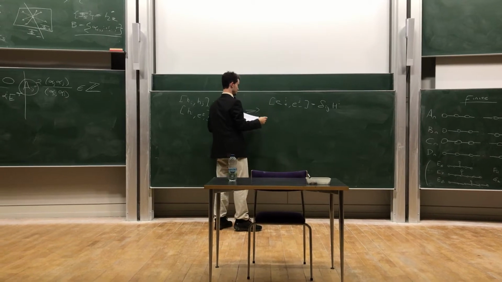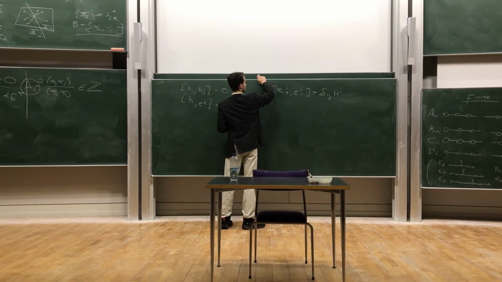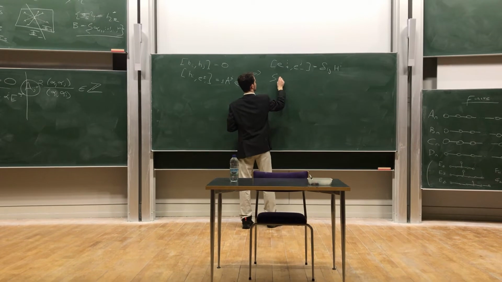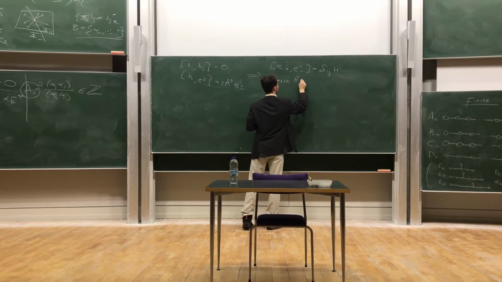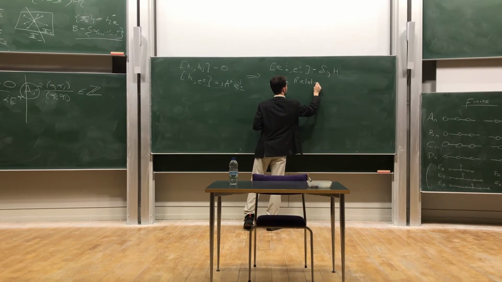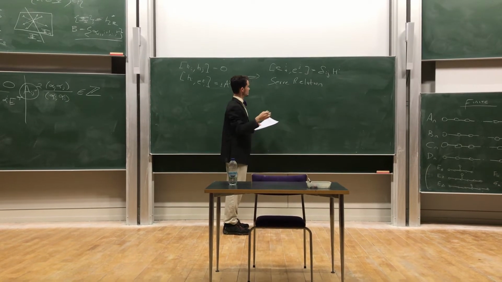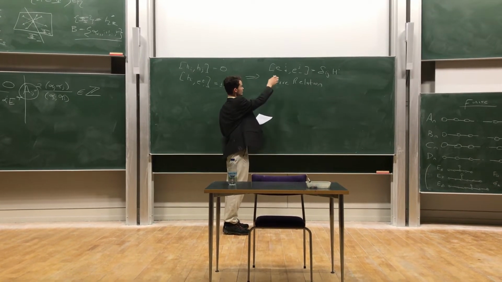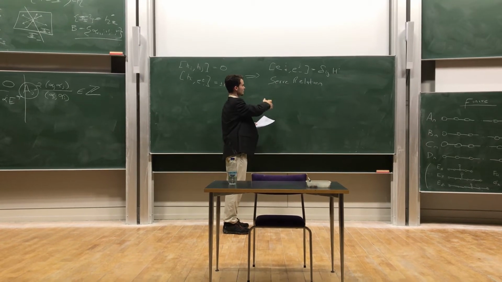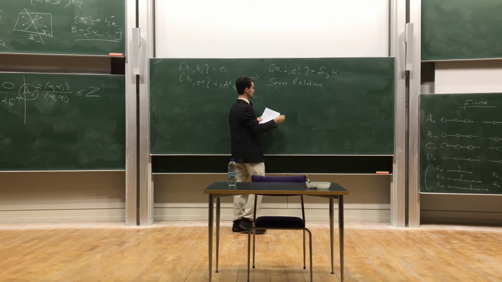And then there's what's known as the Serre relation, which states that when you take a series of composed ad maps of one of these raising operators or lowering operators to another, you ultimately get to zero.